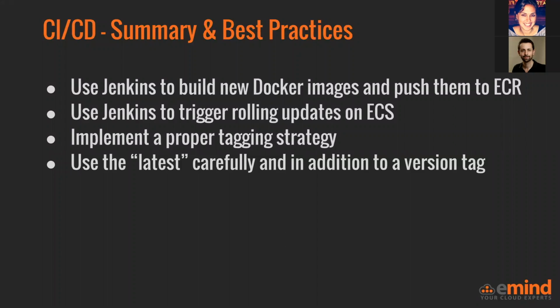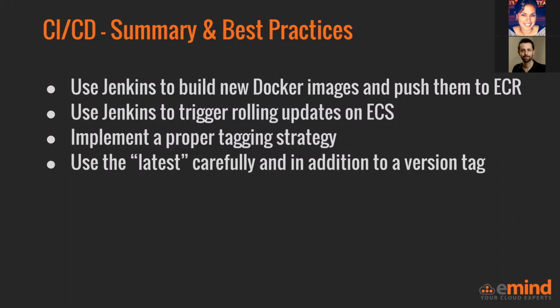So let's wrap this section up. We suggest using Jenkins for CI/CD since it's free and it works great for both tiny and huge deployments. Trigger your Docker builds either manually or by using mechanisms like polling or webhooks. Build new Docker images automatically and push them to your registry.